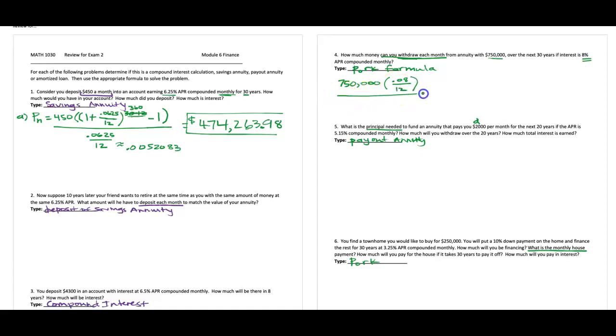And then that is going to be divided by 1 minus, and then parentheses, 1 plus that R over K again, so 0.08 divided by 12, raised to the negative NK power. So it's 30 years and compounded every month, so that's going to be negative 30 times 12.